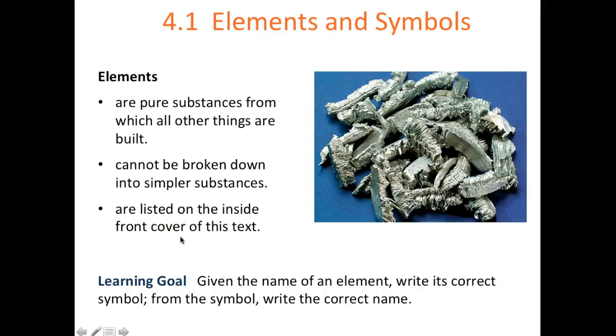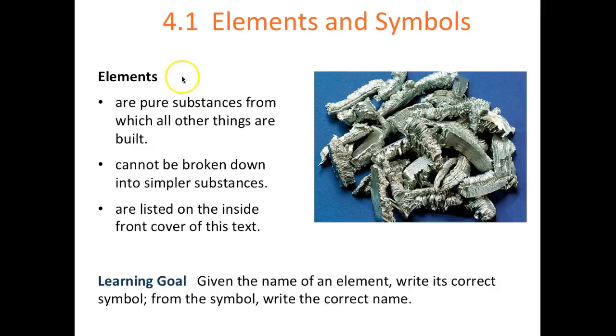So elements, as we learned before, are pure substances. Matter is classified into pure substances and mixtures. Elements and compounds are part of the pure substances. Previously they used to think that that's as far as you can go in terms of breaking down a substance or matter, right?